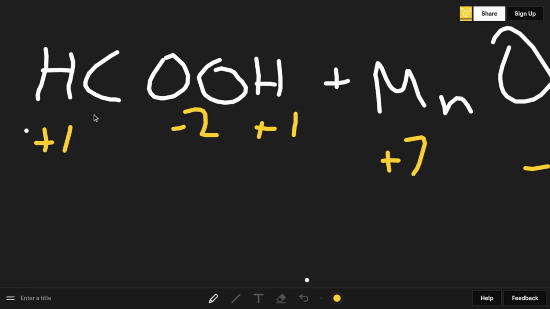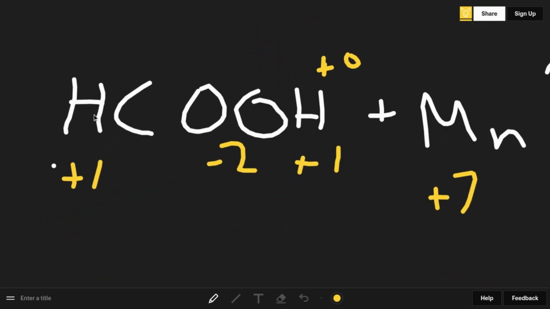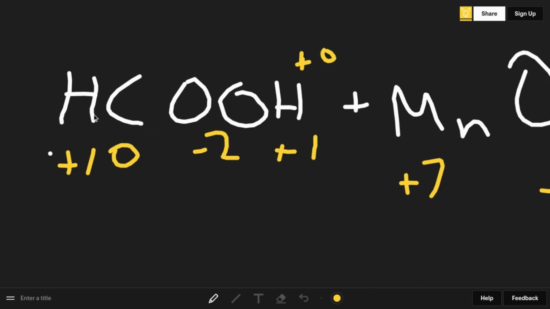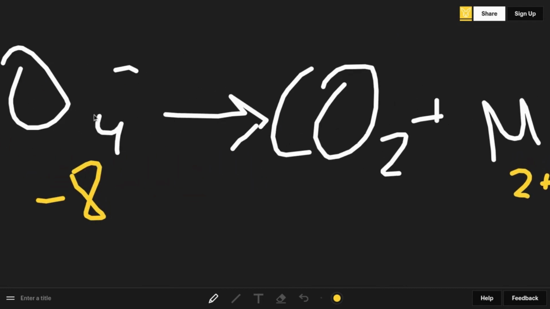And since this has a charge of 0, we need to figure out what does this add up to right now. We have 1 plus something minus 2 plus 1, so that's 0. We have 1, 0, so that means this is going to be 0. Next up, similar thing here. Since we have an O2 here, that means this thing is -2. That means this is +2.